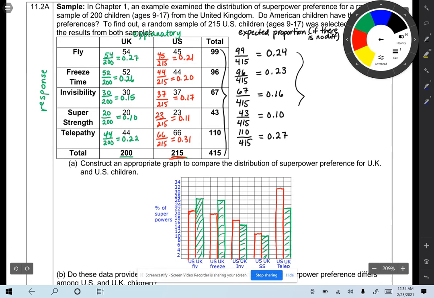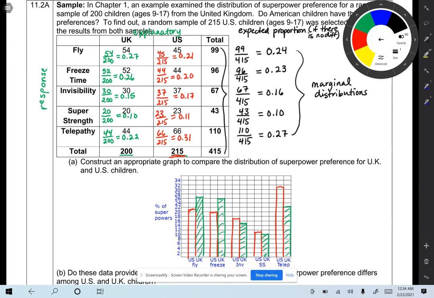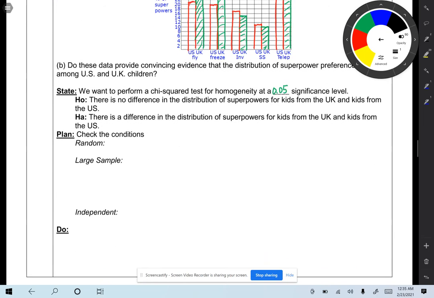These are the marginal distributions. And so what you do is you use those proportions and multiply by the sample size for each country, and that'll give us our expected counts under the large sample condition.